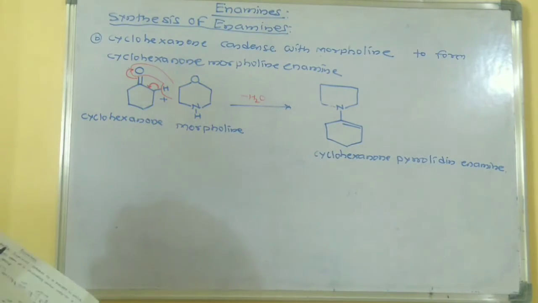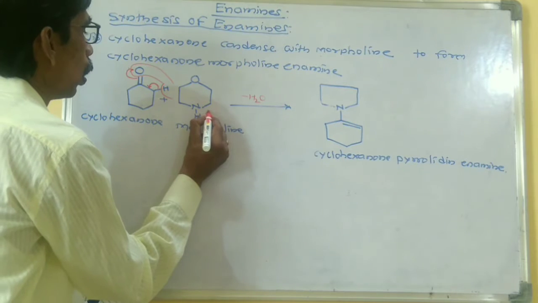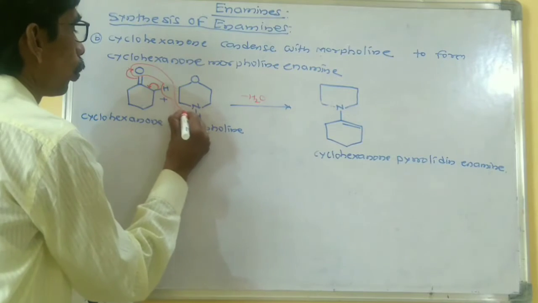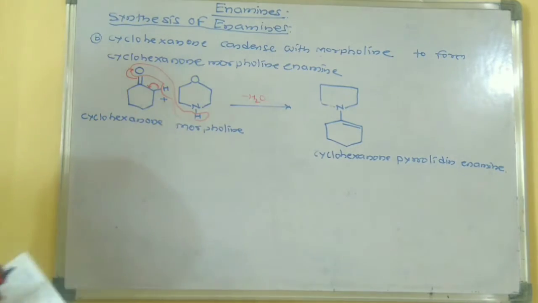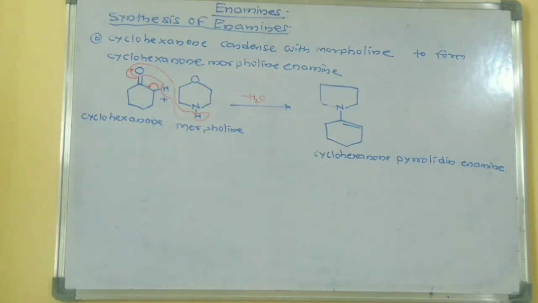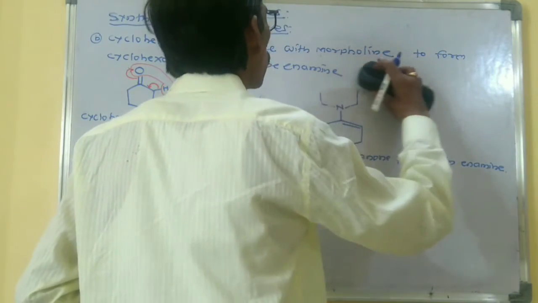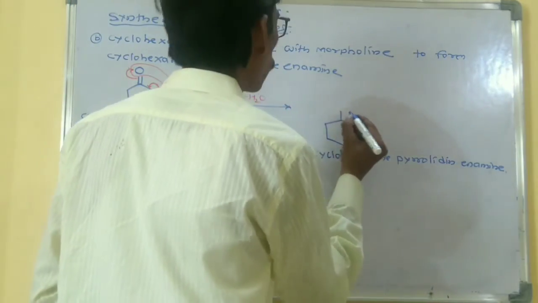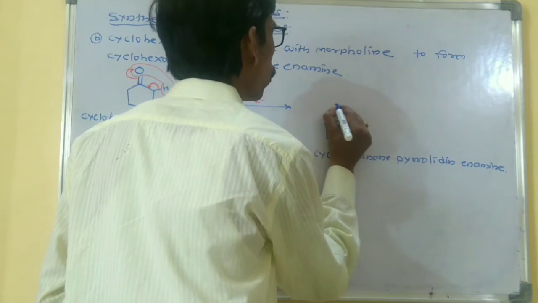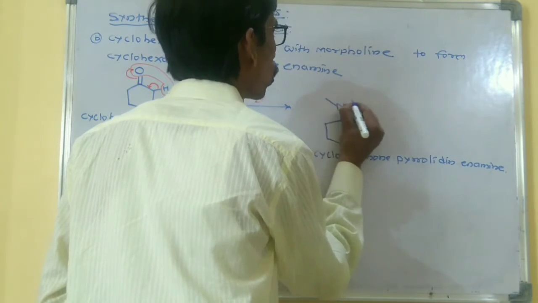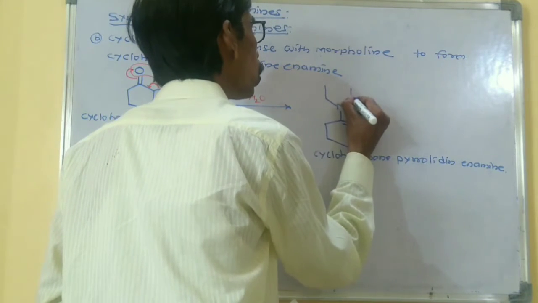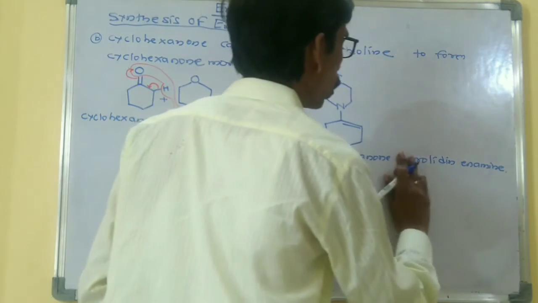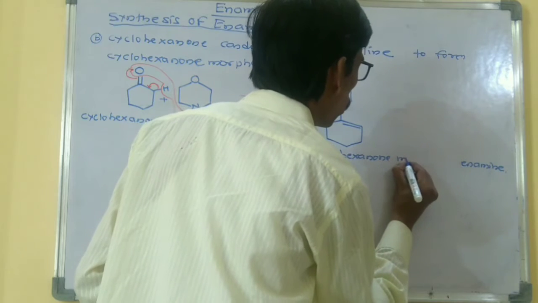So we get again this H, minus H2. We get the cyclohexanone enamine.